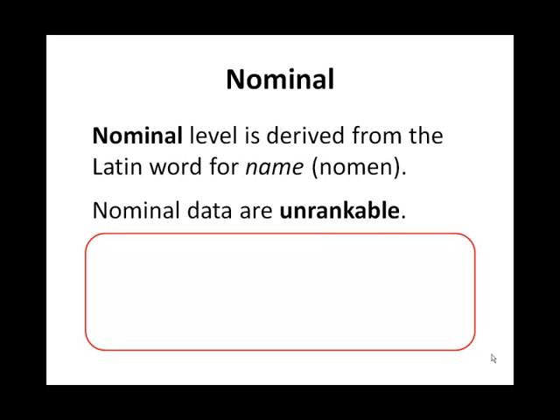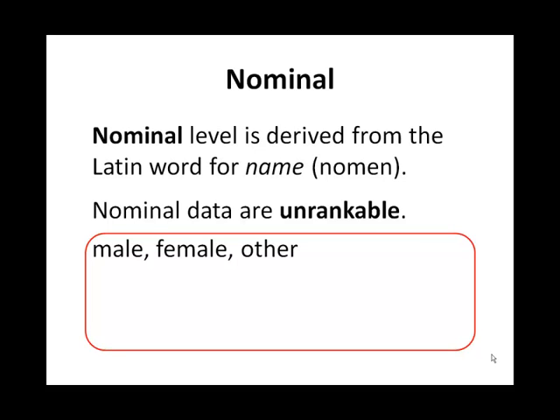So, an example, in this series of films, I tend to use red boxes to hold examples. So, some examples of unrankable data might be if we're referring to either sex or gender, depending upon the kinds of theoretical framework you're coming from.